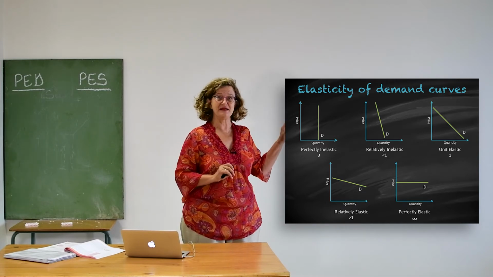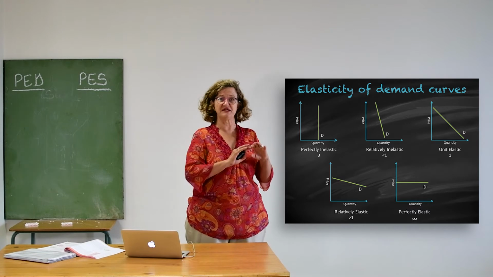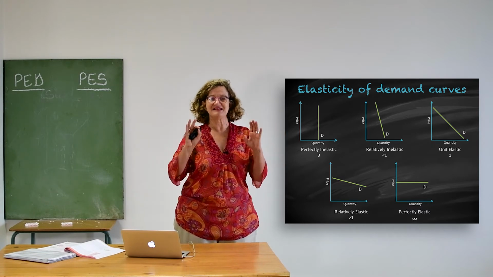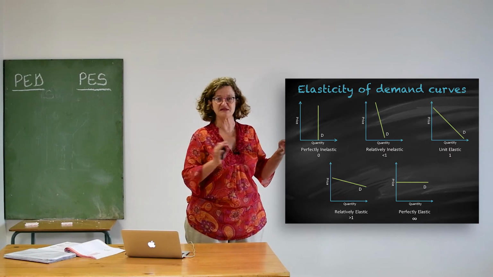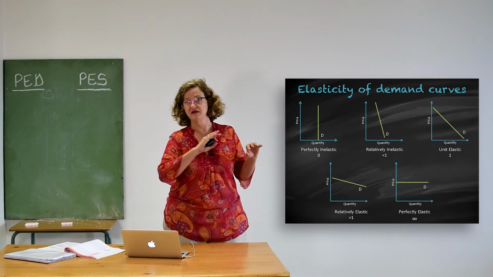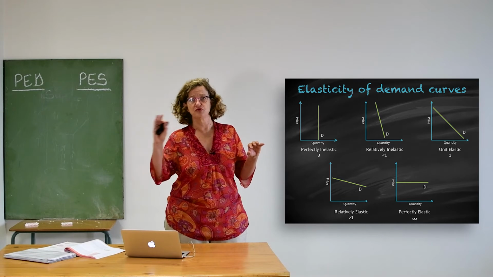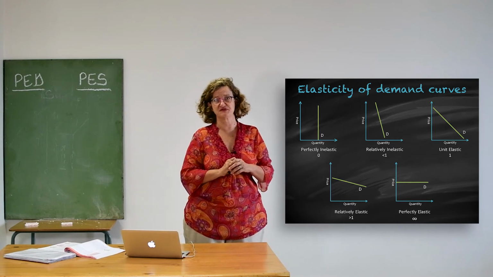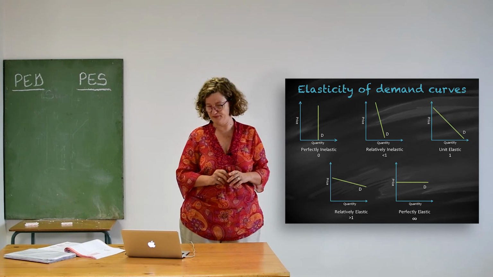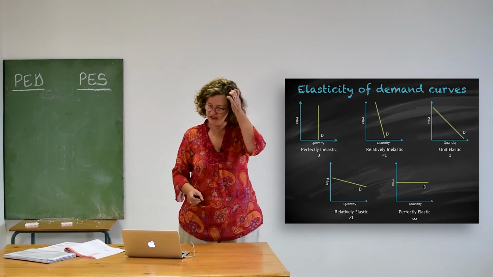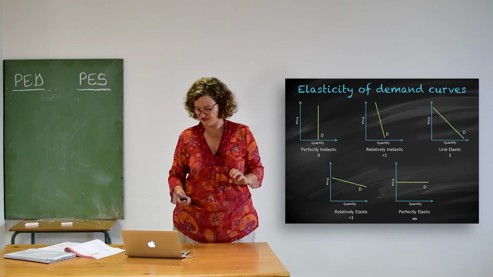Like in a perfectly competitive market, the price is the price of the market. The price stays the same. It doesn't matter if they sell 10 products or 15 products. No influence on the price in a really perfectly competitive market.